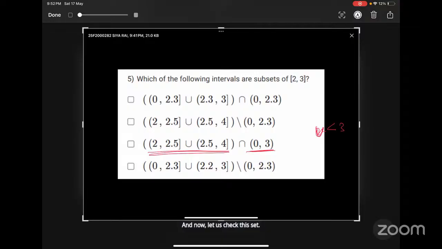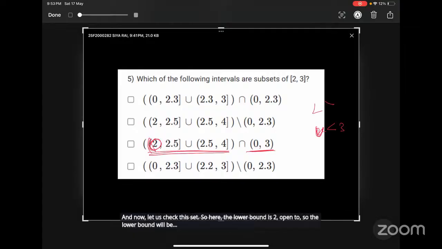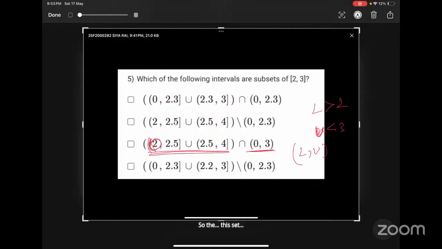Here the lower bound is open 2, so the lower bound L will be strictly greater than 2. So this set (L, U) will be a subset of (2, 3), and so also of the closed interval [2, 3], is it not? Yes, ma'am. So that is how you have to check the subset things. Okay.